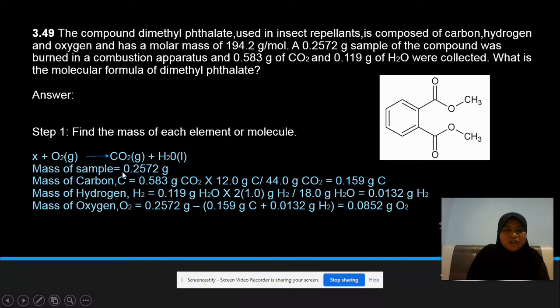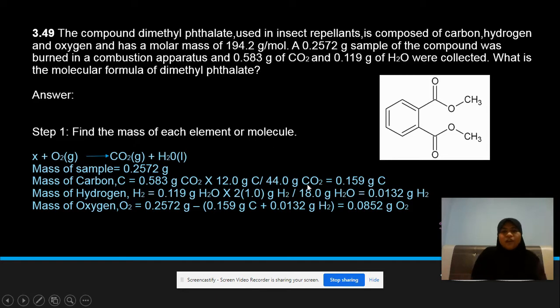Firstly we must find the mass of carbon. We know that the mass of carbon dioxide is given, right? So we multiply the mass of carbon dioxide with the molar mass of carbon per molar mass of carbon dioxide.